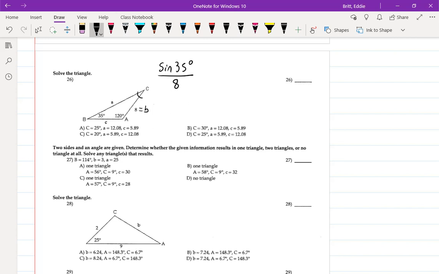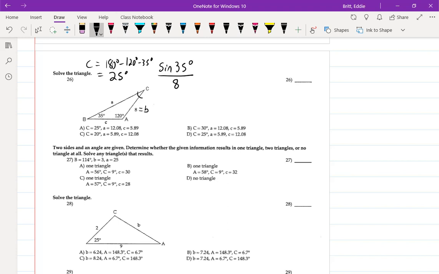Because all I have to do is say 180 degrees minus 120 degrees minus 35 degrees. So you can see that angle C is going to have to be equal to what? 25? Yeah, that's 25. All right, so there's angle C.